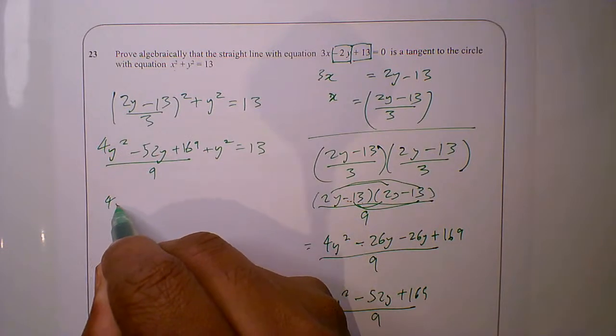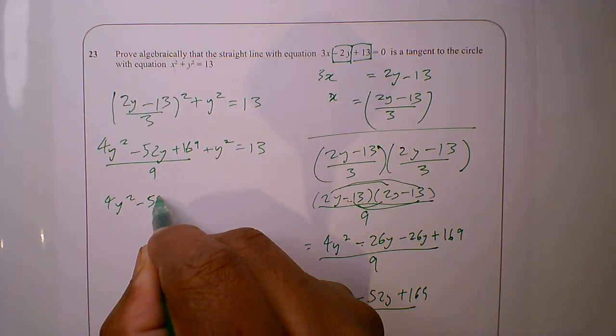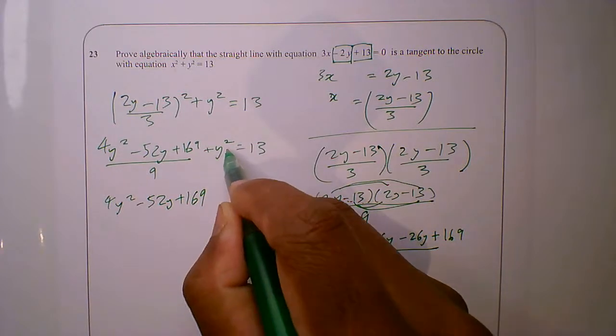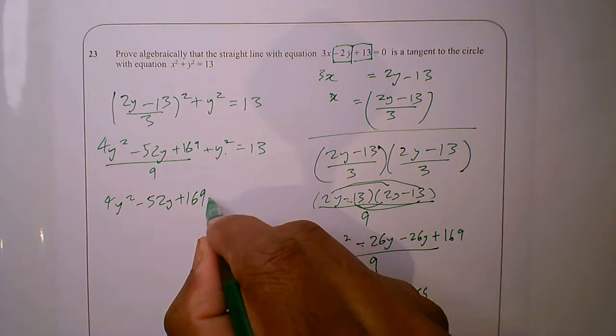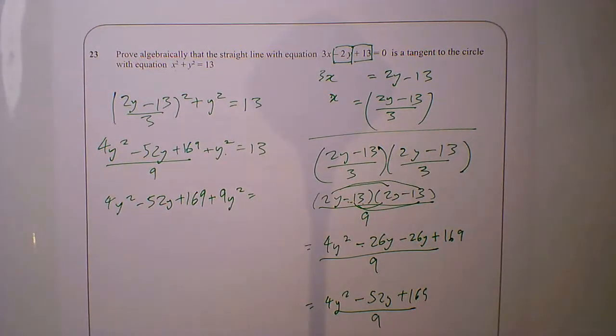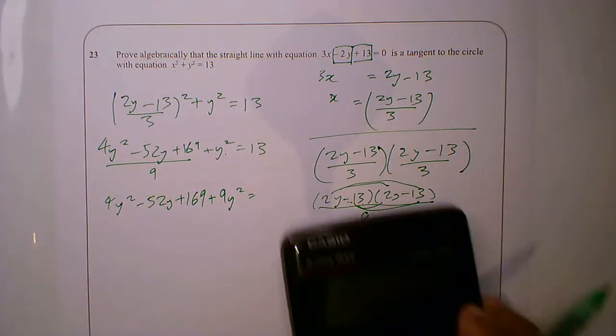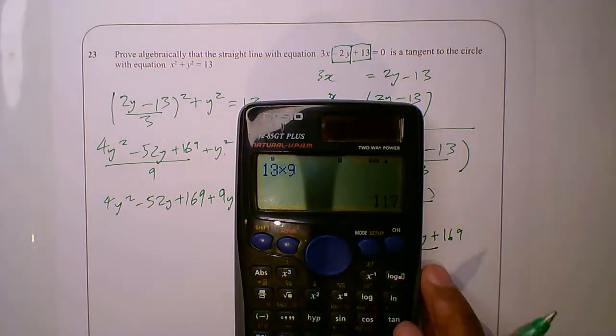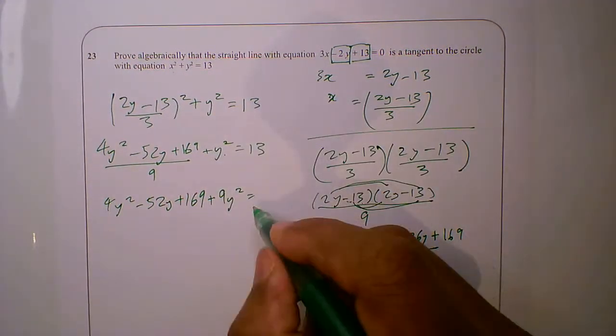This becomes 4y squared minus 52y plus 169. Y squared times 9 becomes plus 9y squared. And 13 times 9, I'm not sure what that is off the top of my head, is 117.